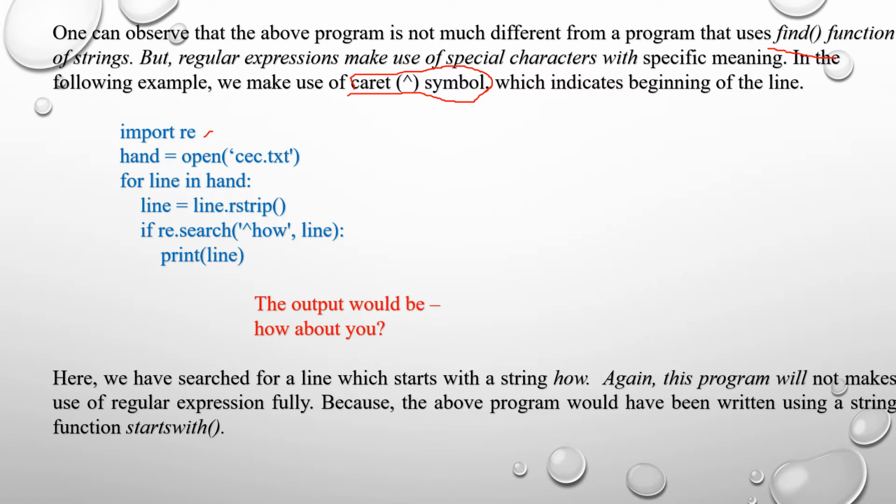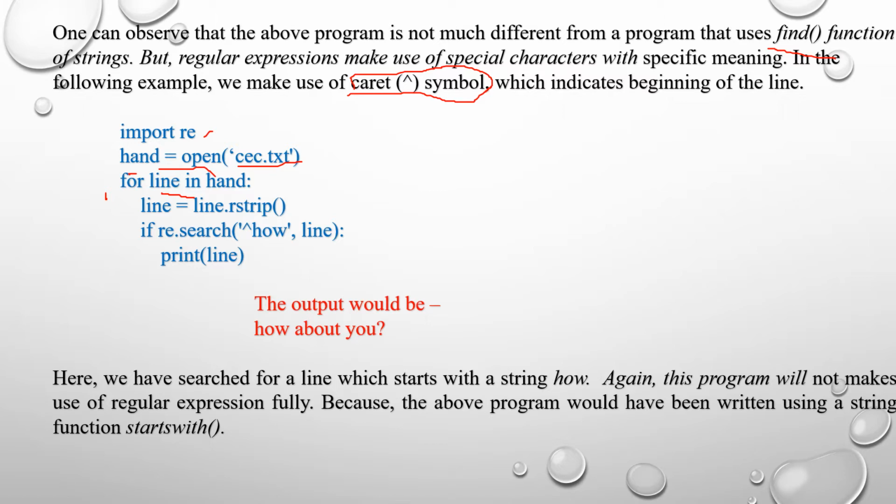Here I am importing the regular expression module. I am opening the file, and the file name is cec.txt. I declare the for loop, and the loop variable I name line, in f, where f is my file.